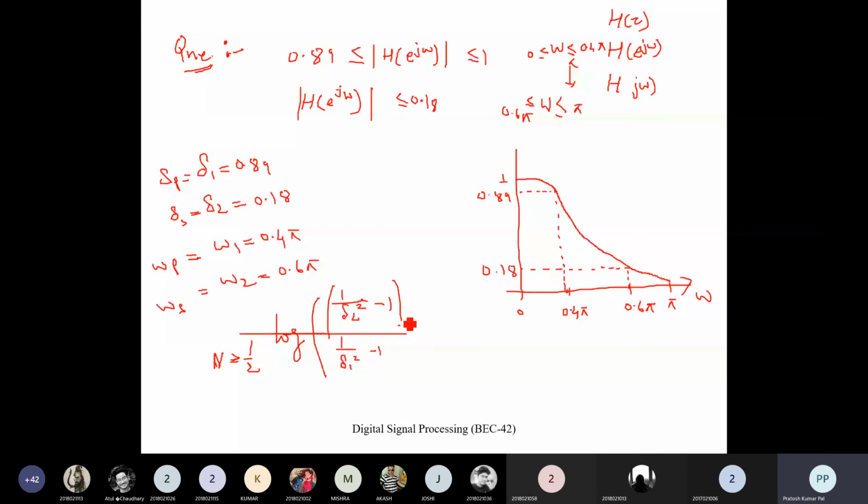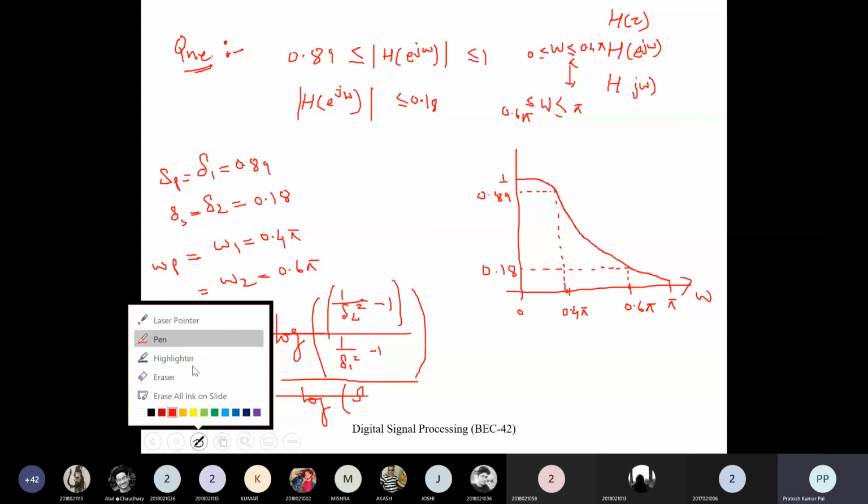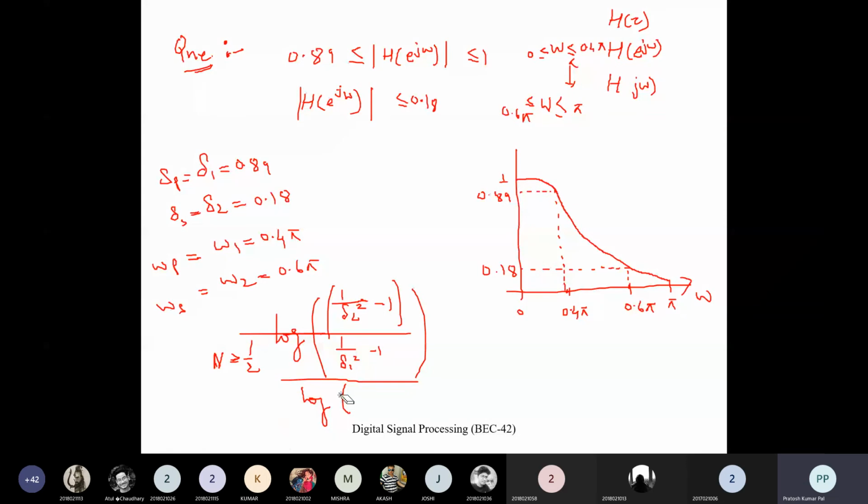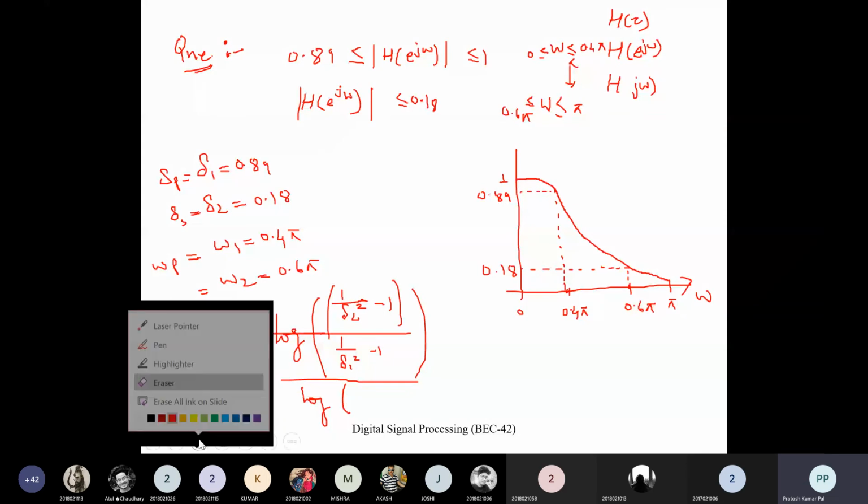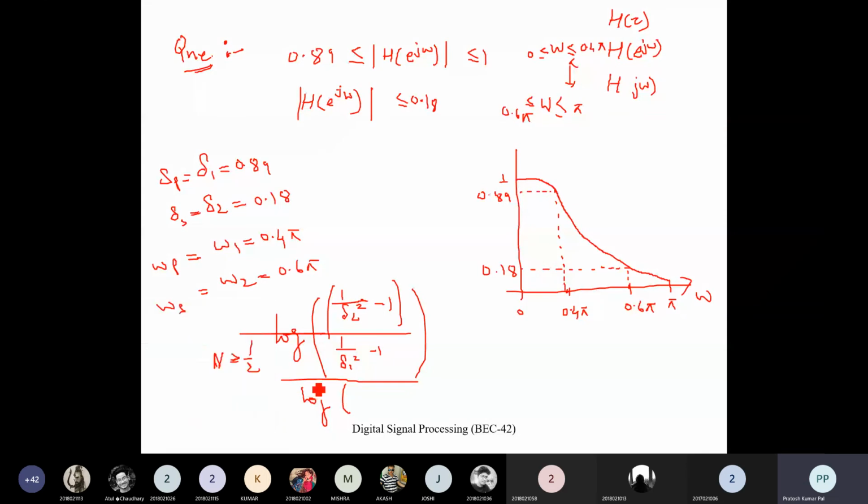So this is the first term, divided by log of omega s, or omega 2 value divided by omega 1 value.